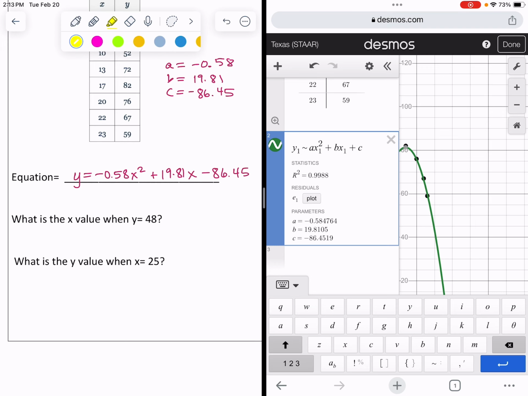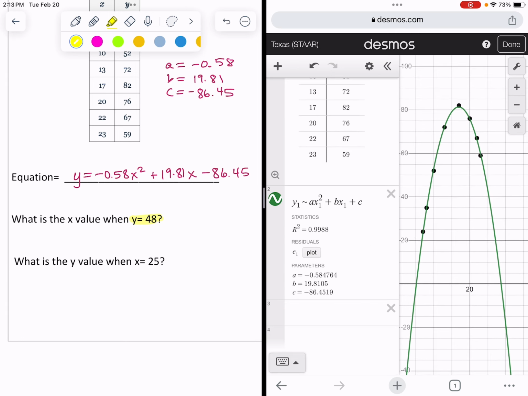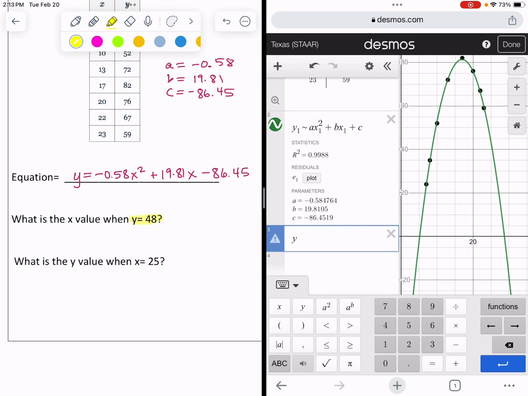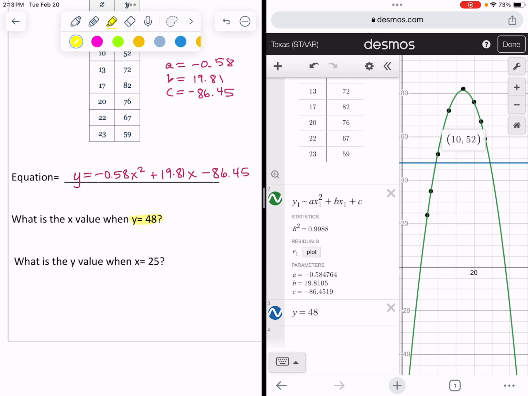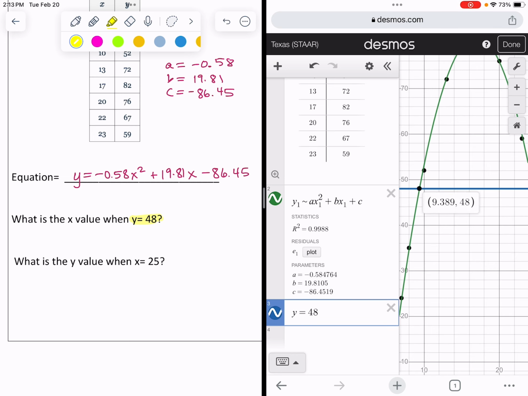Okay, first question, we want to know the x value when y equals 48. So I've got my green graph here. I'm going to type in y equals 48. 2 options. Zoom in to make sure you click on the actual intersection. So one option is x equals 9.389. I always just keep 3 decimal places.